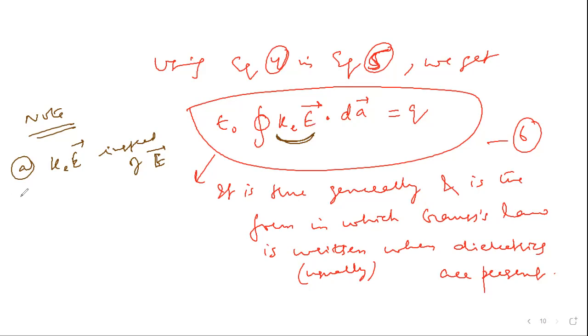Second thing, the charge Q contained within the Gaussian surface is taken to be the free charge only. Induced surface charge is deliberately omitted on the right hand side of equation 6. And that is taken into account by the introduction of Ke on the left side.